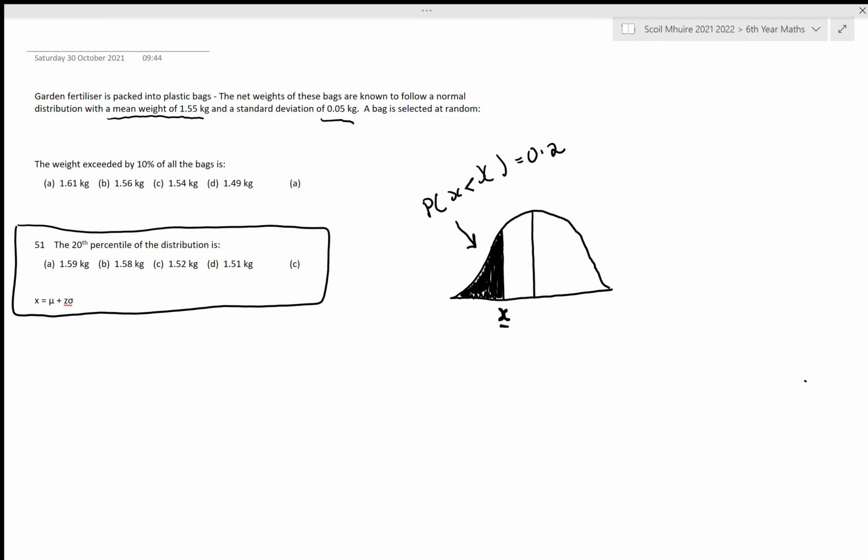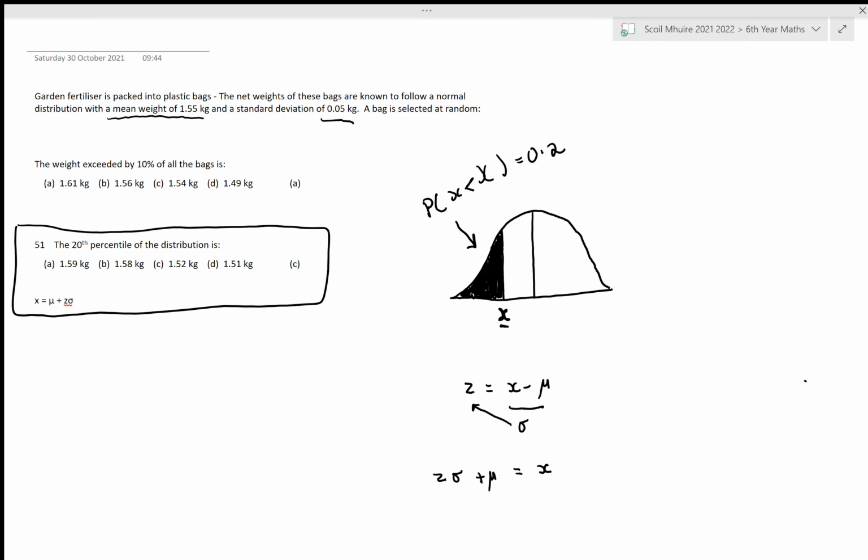Okay, so how to do that? In this case, we are given the area under the curve, so we're given our probability, and you need to work to find x. We're always using the same formula: z is equal to x minus mu divided by your standard deviation. This time you're looking to find x, your data point. Rearranging the equation, z times your standard deviation plus your mean is equal to your value of x.